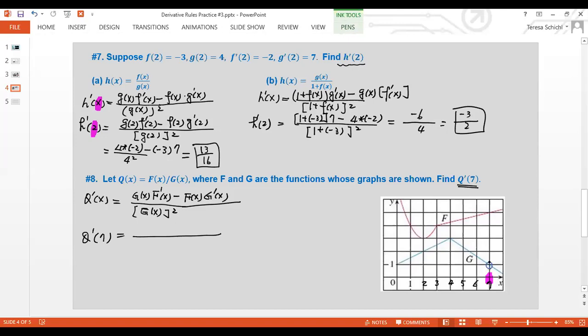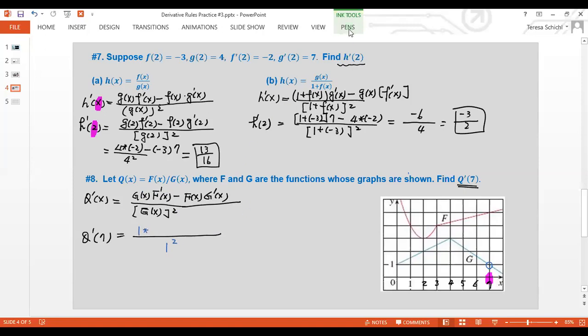What is the value here? It is 1, right? So let's write down the 1. So this will be 1 squared. Now we have G of X, the first one here. So G of 7 is 1 again, and times F prime.